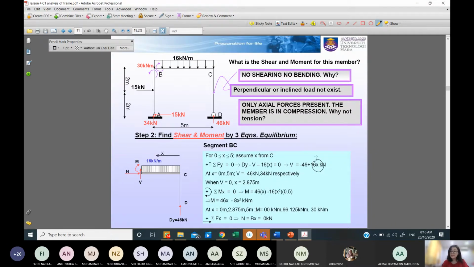Then we can get the specific point of that shear force. And we also know how to determine the inflection point of a bending moment in order to draw your shear force diagram, or to indicate where is the maximum moment at that particular member.